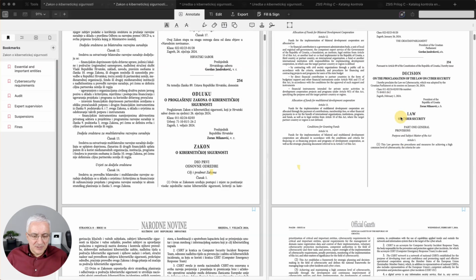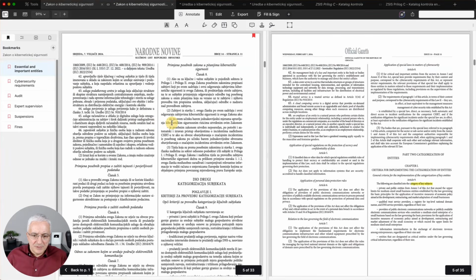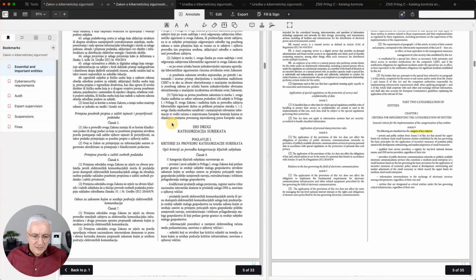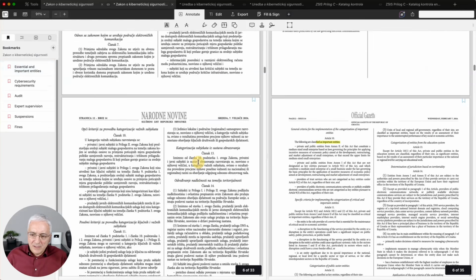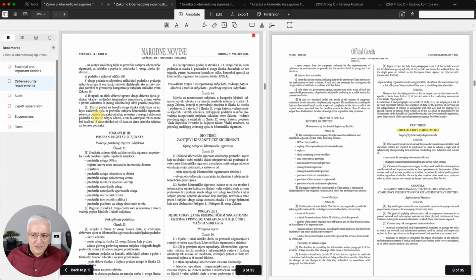This is an automatic translation, but it's pretty good. Anyway, let's scroll down and I'll show you first the requirements related to essential and important entities. As you can see here, it specifies who are essential and who are important entities. Let's move forward to cybersecurity requirements.